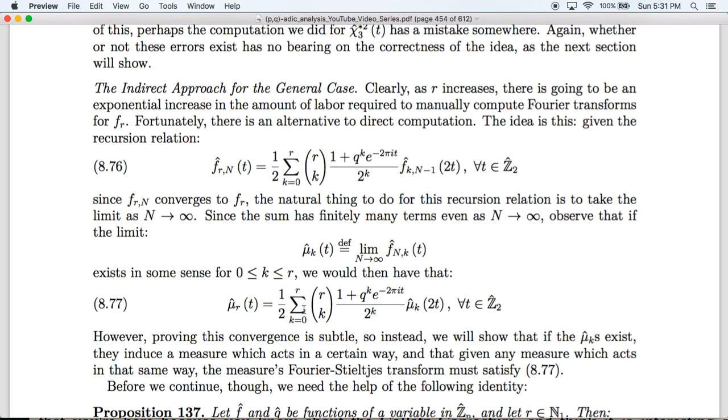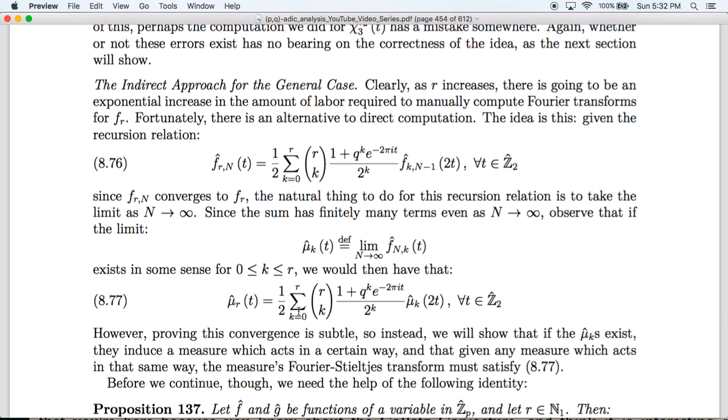So instead, what we're going to do is show that if these exist, then they induce a measure which acts on functions in a certain way, and given any measure which acts that same way, its Fourier-Stieltjes transform must satisfy this functional equation. There is one additional issue, however, that's going to complicate this.